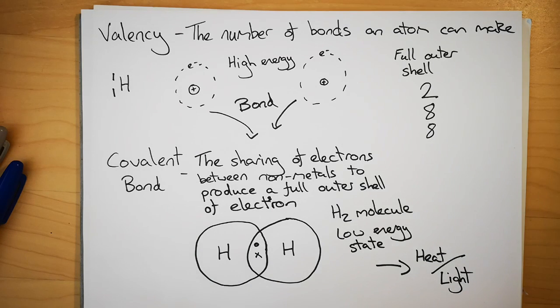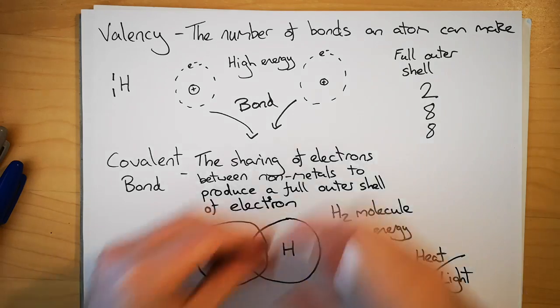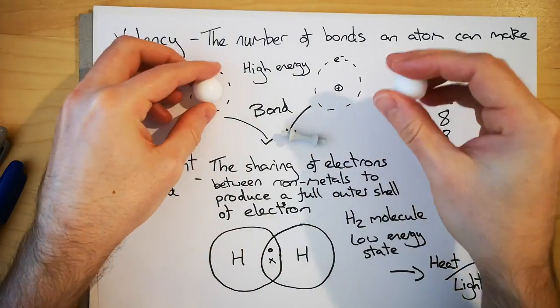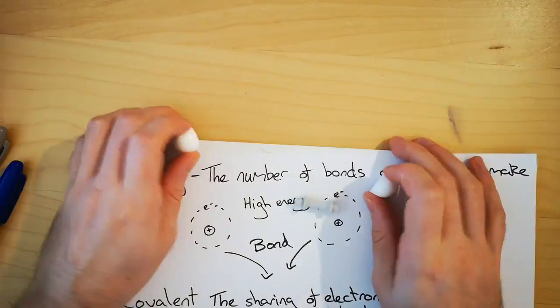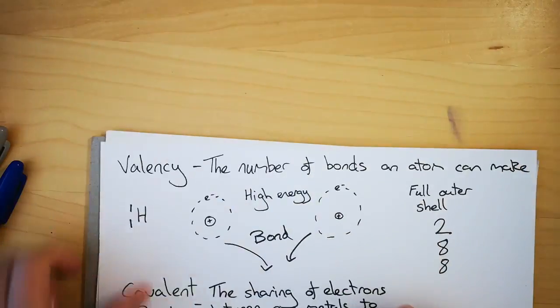So our molymods, which hopefully once we're all back in school, we can actually have a little go at doing some of this. So really, this is my two hydrogens here. Not very clear to see on white paper.